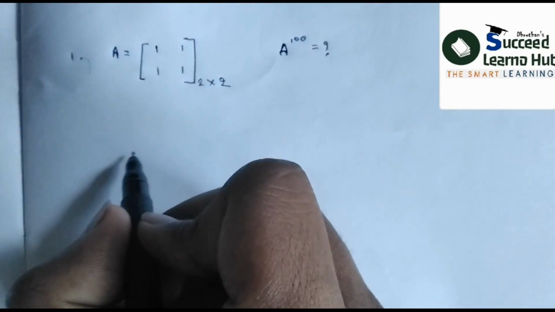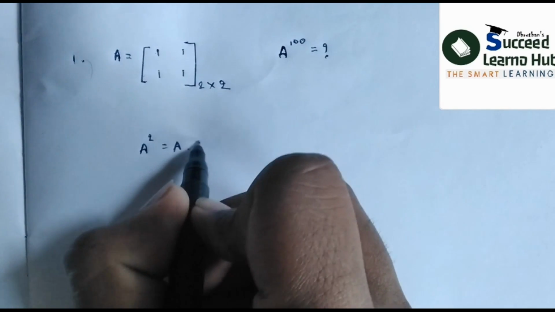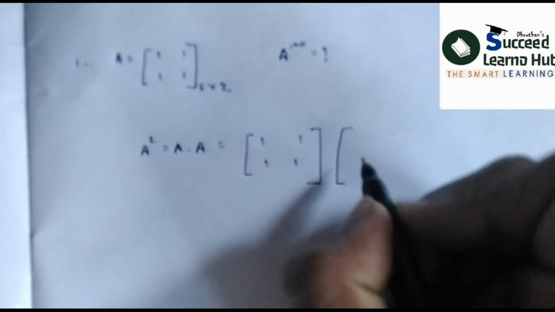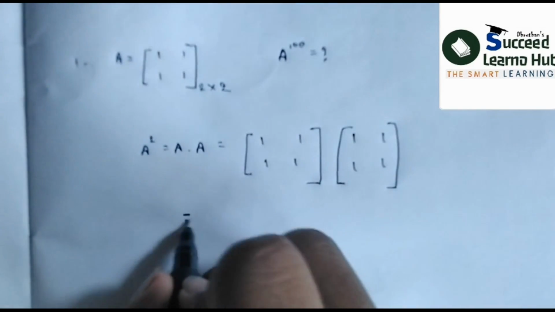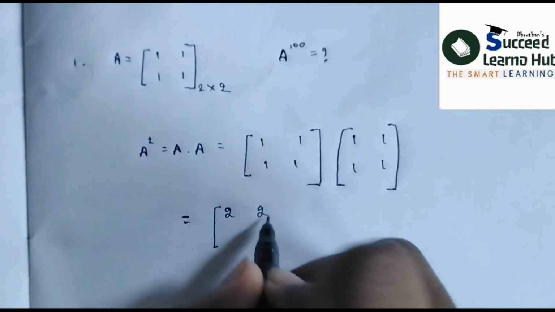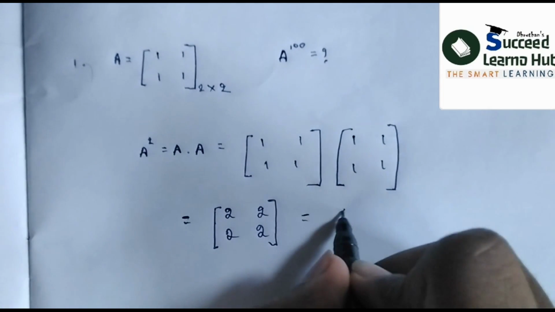First of all, let us find A square, which is equal to A into A. By the calculations, it comes out to be [[2, 2], [2, 2]], which is nothing but 2A.